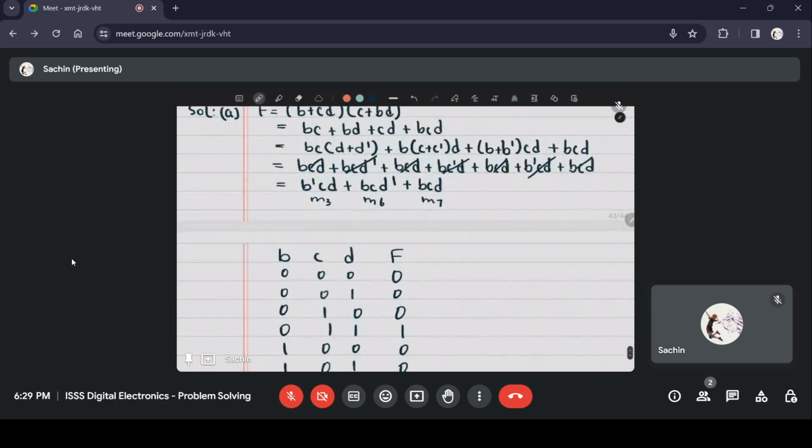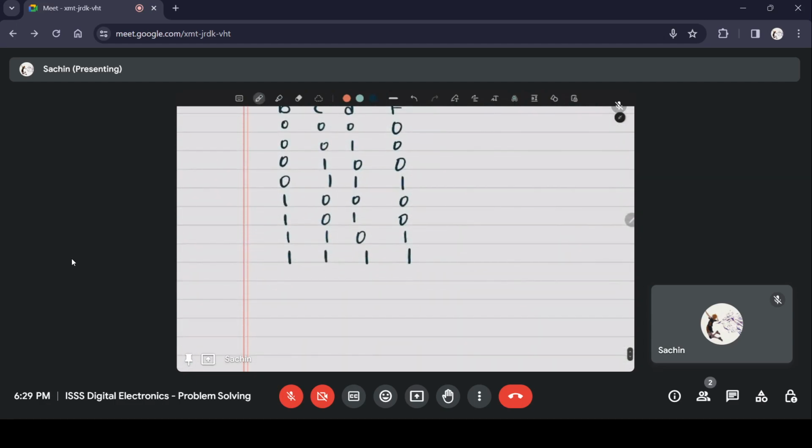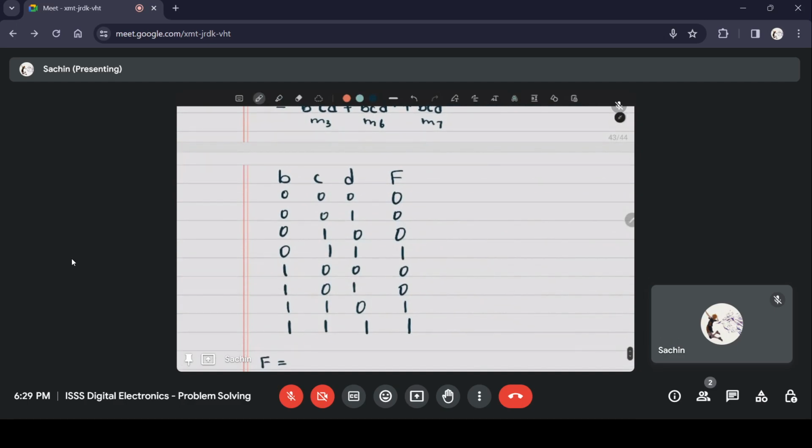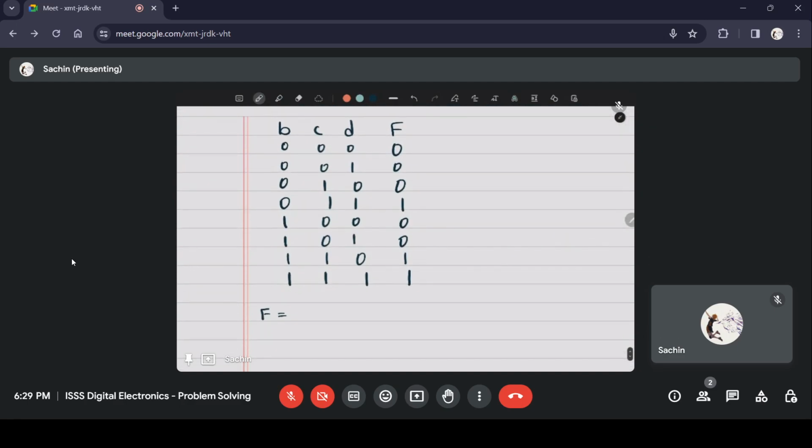Now to write it in the product of max terms form, you can simply look at the zeros in the truth values of F, and whichever input combination gives you a 0, that max term should be present in your function expression.